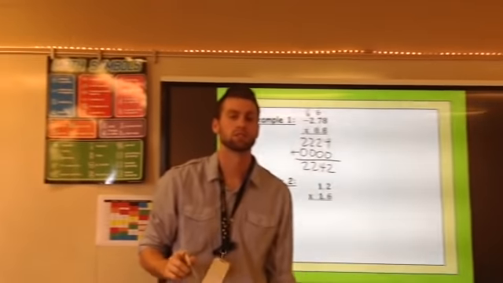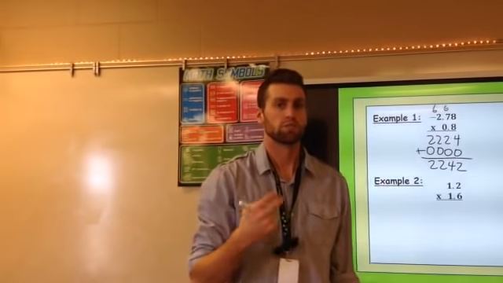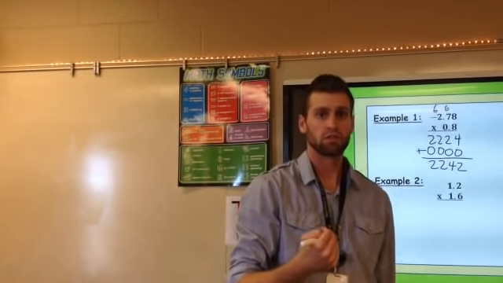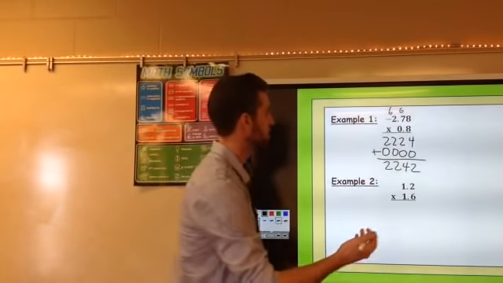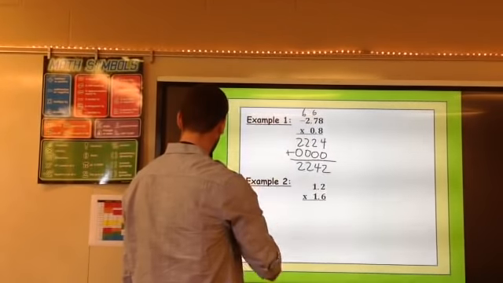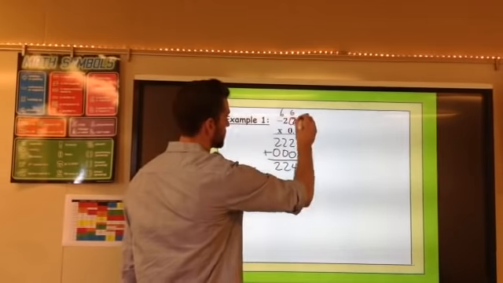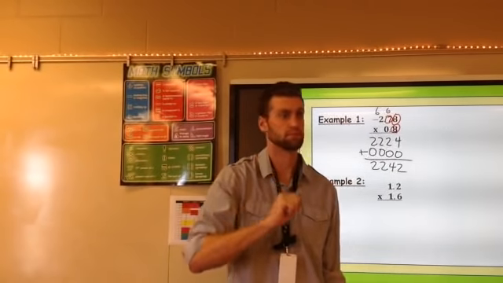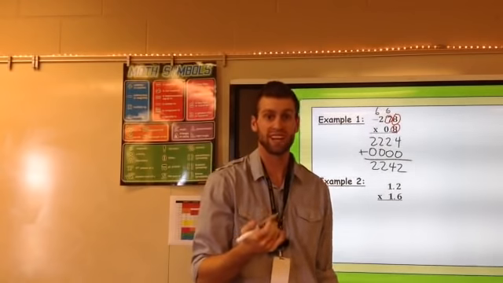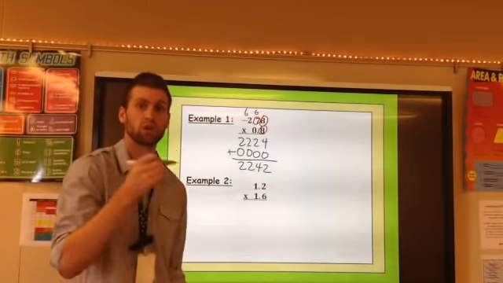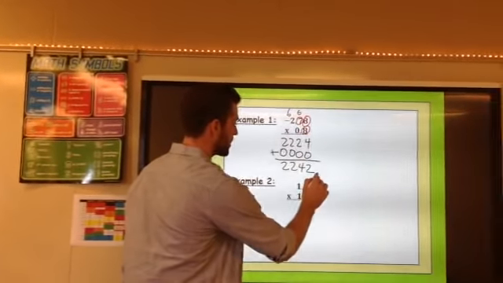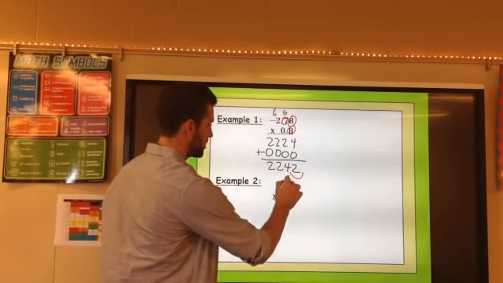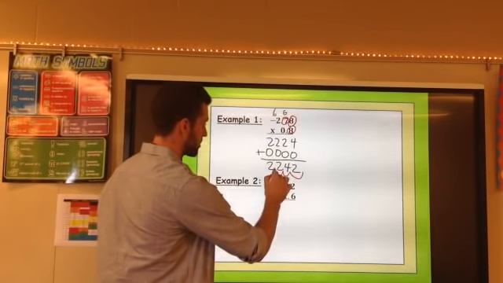Not done yet. Okay? Step 2 says count the numbers on the right side of the decimal places. Okay? I'll do this in red. 1, 2, 3. 3 of them. Okay? Step 3 says place that decimal starting from the right. So, starting here, I'm going to go 3 places. 1, 2, 3.